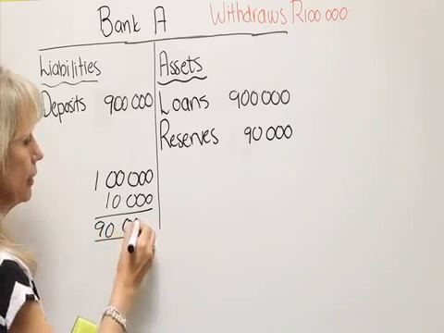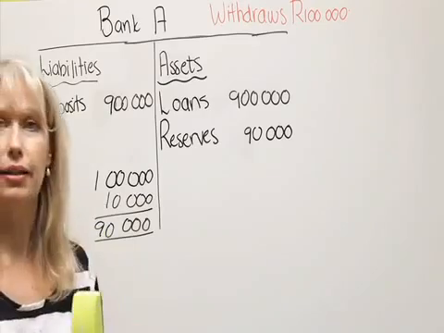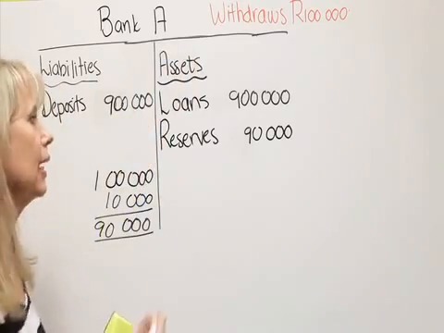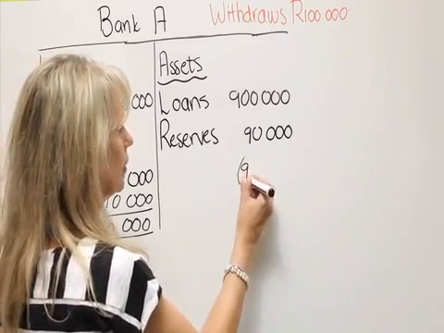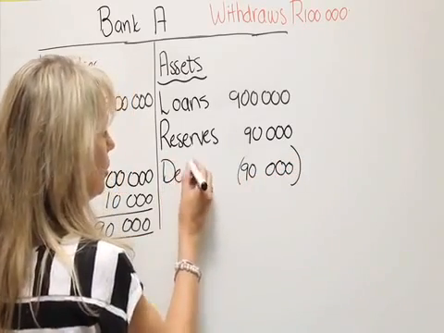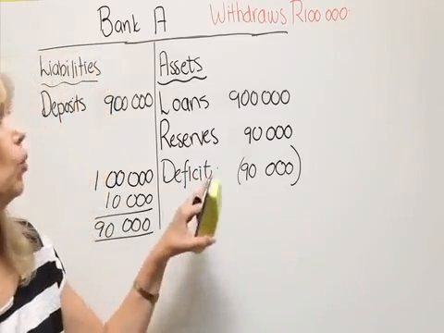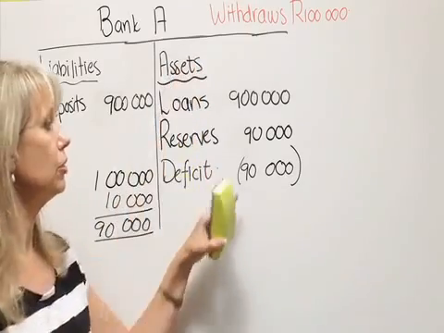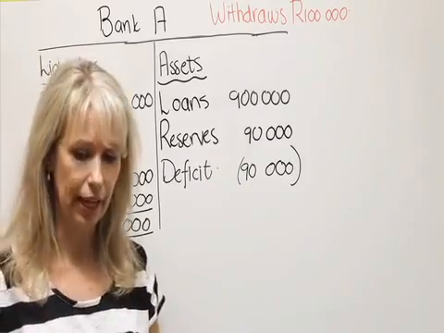So this bank still needs another 90,000 Rand from somewhere to be able to give to this client. So this bank at the moment has a deficit of 90,000 Rand. In order to be able to give this client the 100,000 Rand, this bank has a deficit of 90,000 Rand.